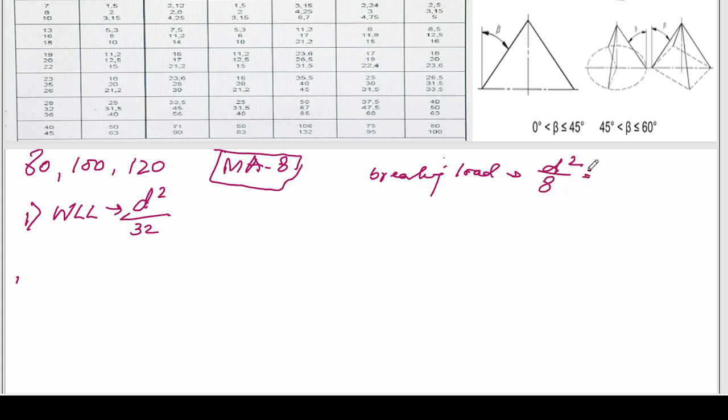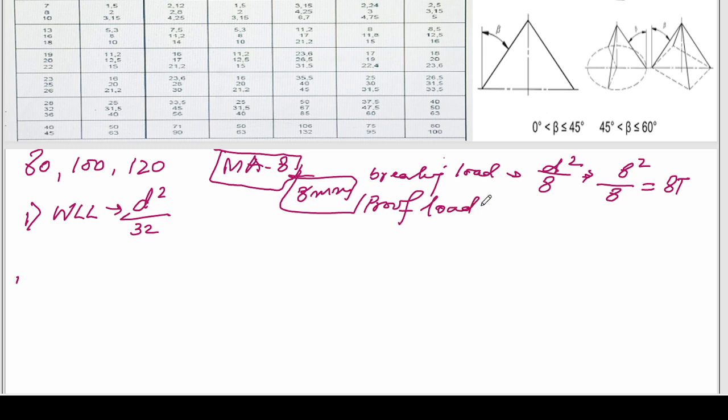Suppose it is an 8 mm grade 8 sling. Definitely it will be 8 square by 8, that is 8 ton. That is the breaking load. Next comes the proof load.